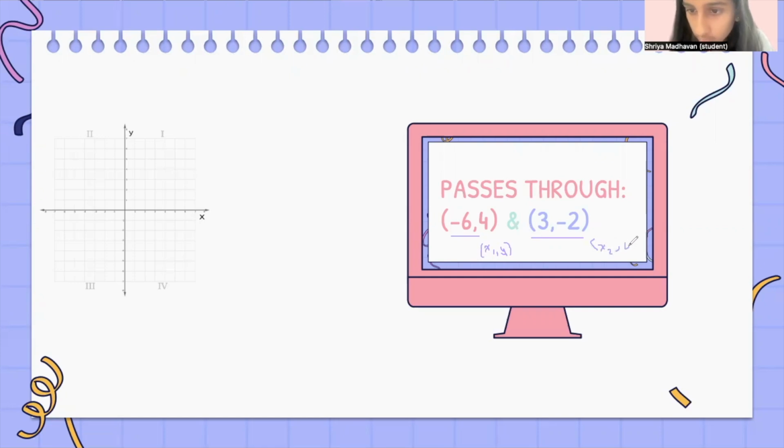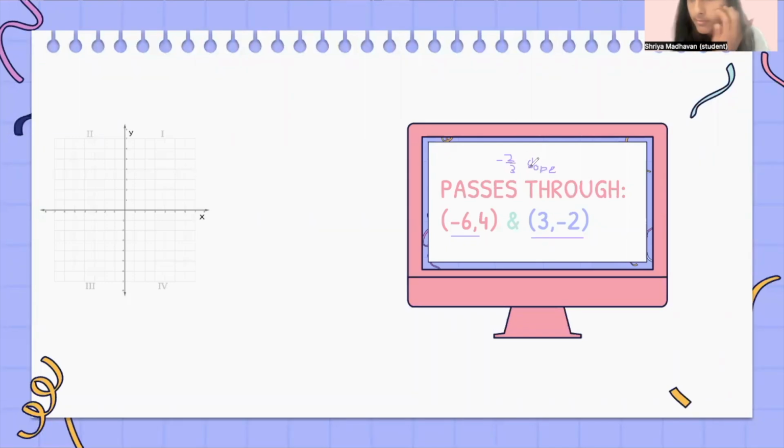And we've got minus 2 minus 4, so minus 6 divided by 3 plus 6, so divided by 9. So our slope is equal to negative 2/3. So that's our slope.